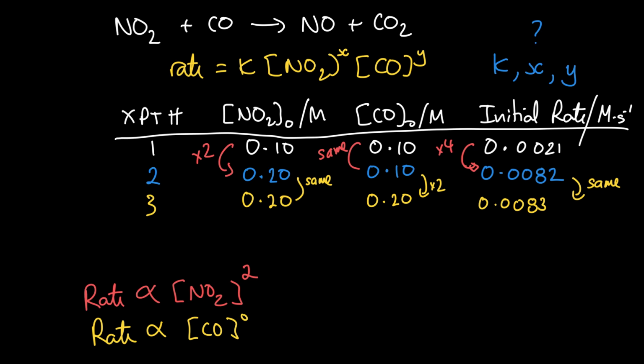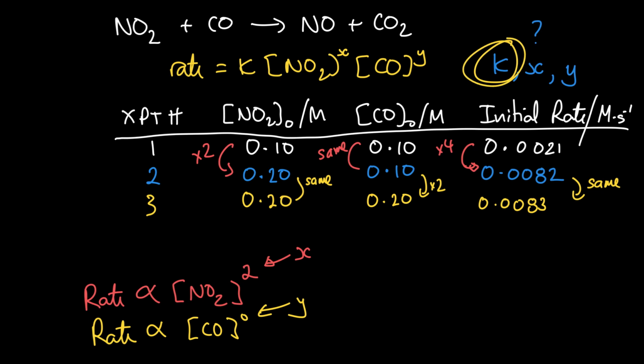And at the end of the day, we need one more thing to solve for. So we have solved for x, and we have solved for y. So x was the order with respect to NO2, and y was the order with respect to carbon monoxide, and the last thing we need is the rate constant itself.